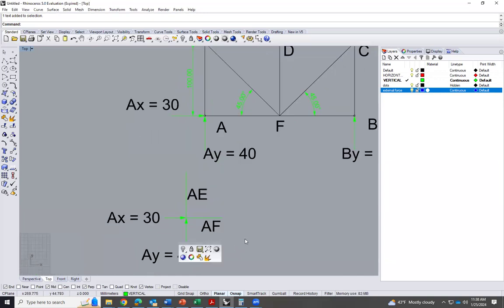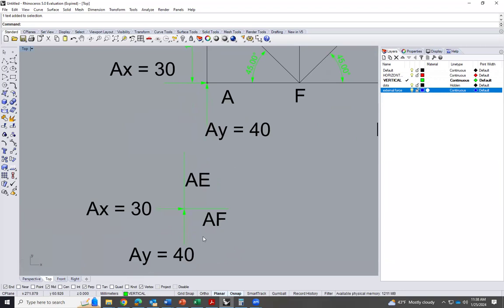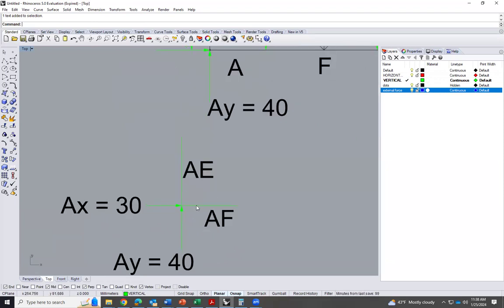Do we have to calculate anything? Do we have to create the equations for vertical equilibrium and horizontal equilibrium? I don't think so, because what is AF? The value of AF is going to be 30. And what about the direction?